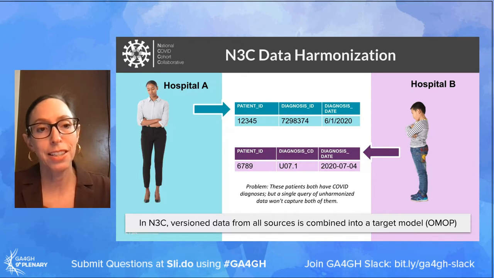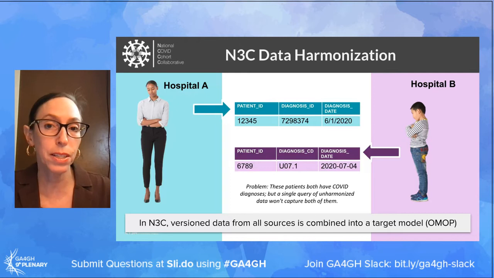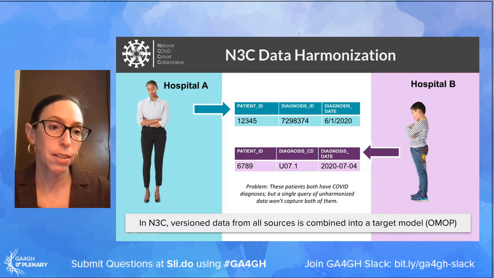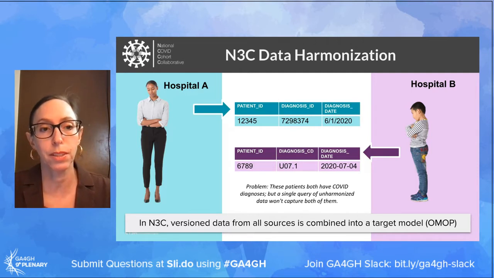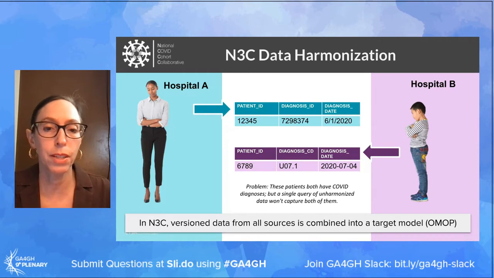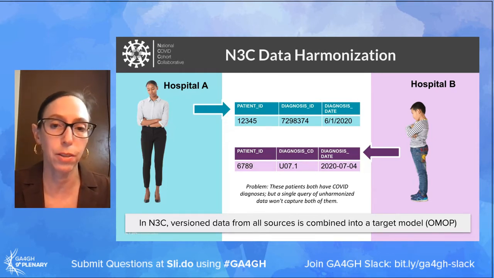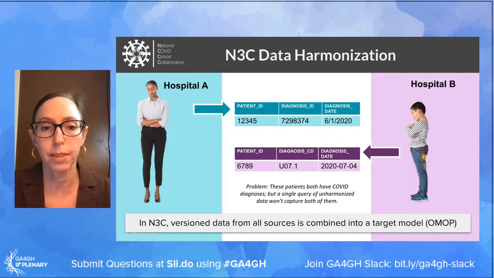It seems trivial, but it's actually non-trivial to define what it actually means to be COVID positive. There are many, many codes that are used to describe various kinds of COVID tests to determine COVID positive versus a diagnosis of having COVID-19. Those nuances need to be harmonized in order to be able to query to find all the patients that have a given diagnosis of COVID-19.